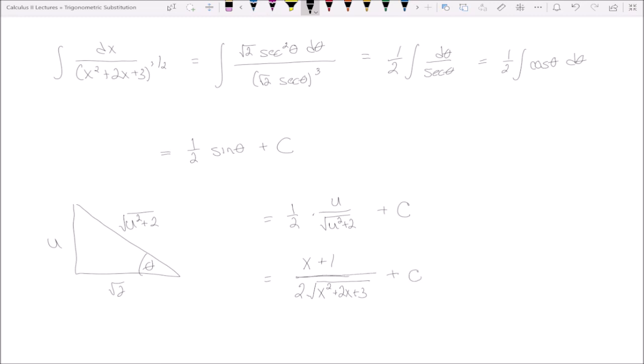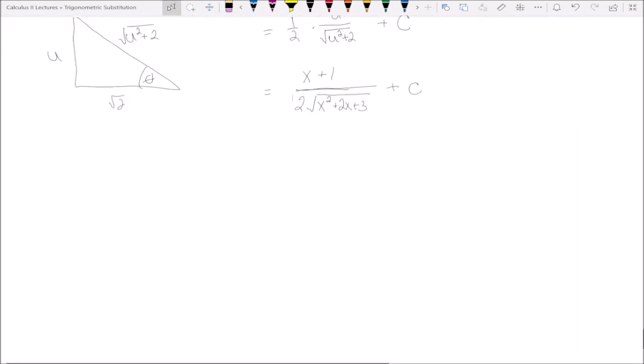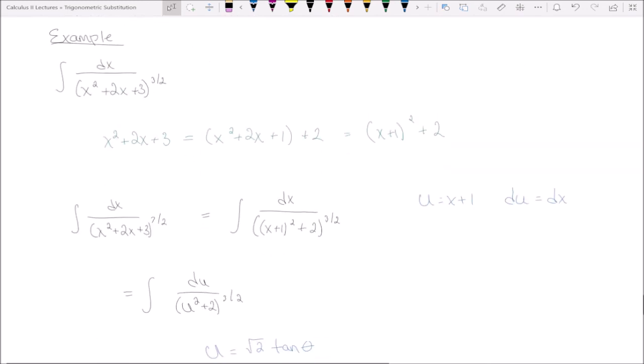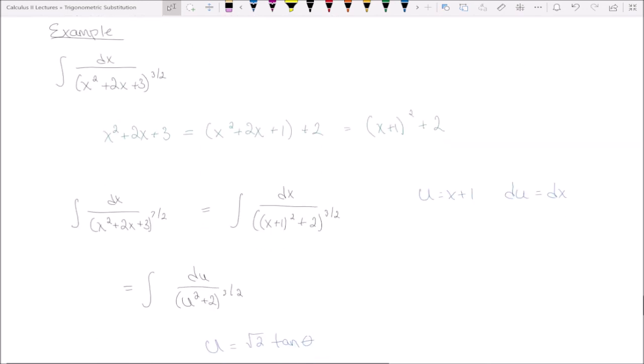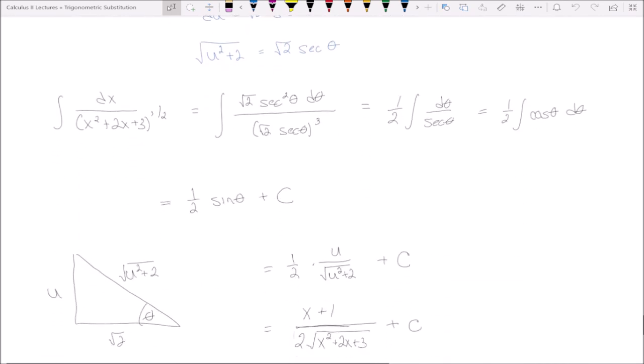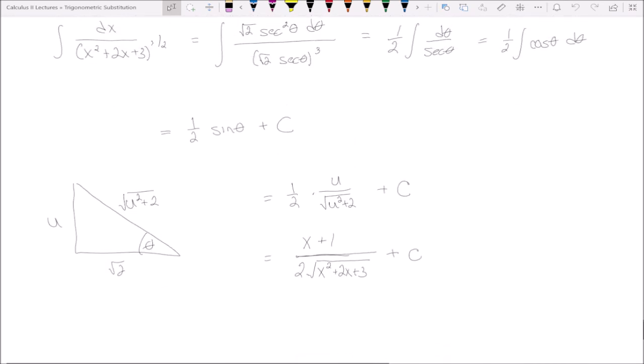The square root of x squared plus 2x plus 3 comes from the fact that u squared plus 2 came from x squared plus 2x plus 3, the completing the square part. So there is our antiderivative.